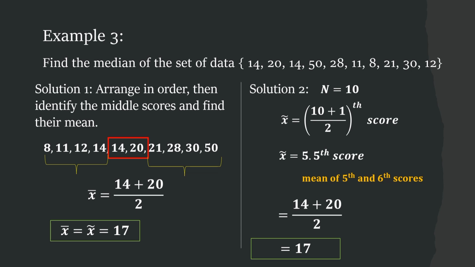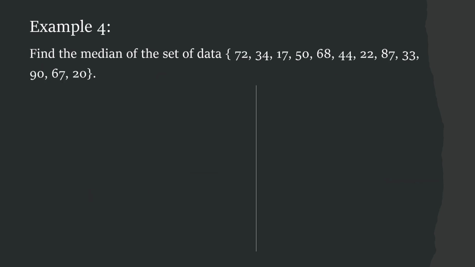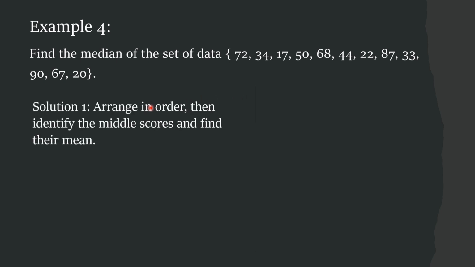Another example. Example 4. Find the median of the set of data. For solution 1, arrange the data or the scores into an array or arrange them in ascending order. Then, identify the middle scores.